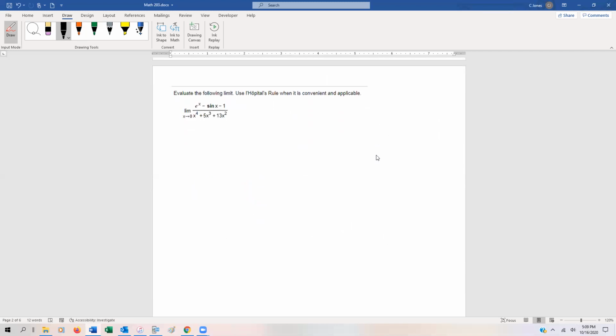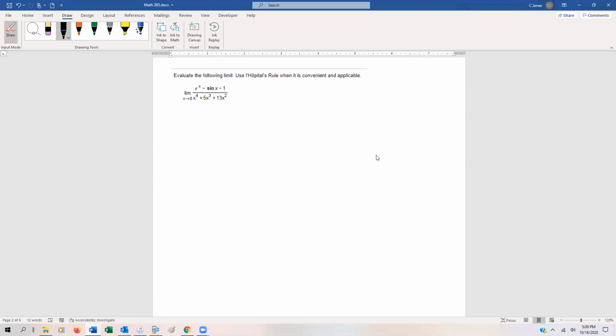One final example. We want to use L'Hopital's rule to be able to evaluate e to the x minus sine x minus 1, over x to the 4th plus 5x cubed plus 13x squared, the limit as x approaches 0. Let's start by substituting, as always.